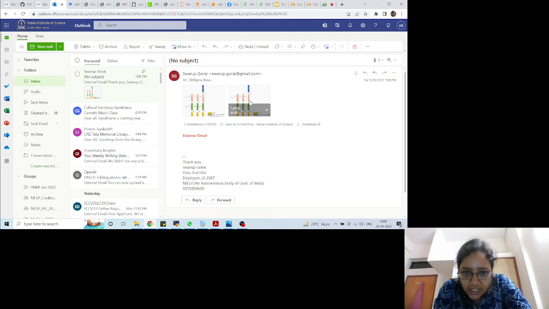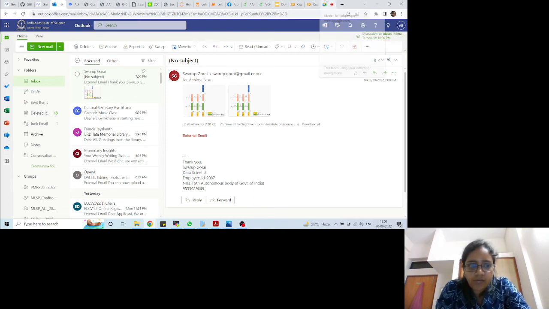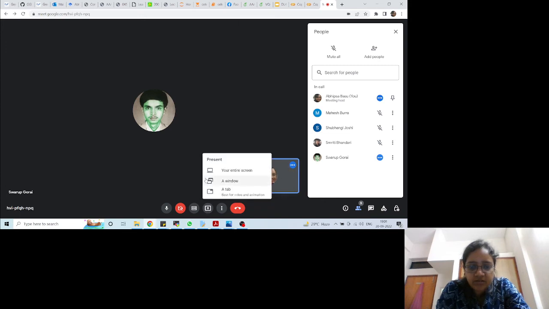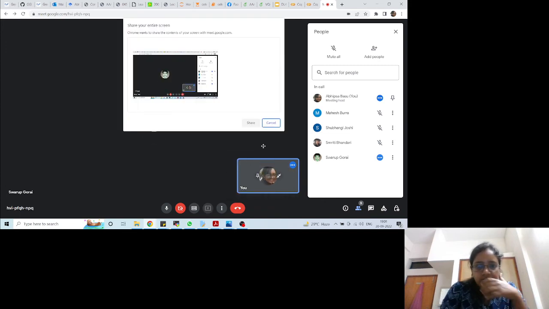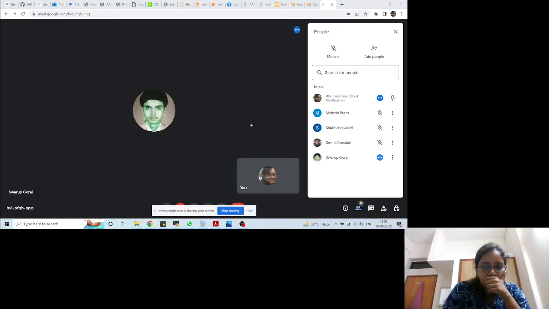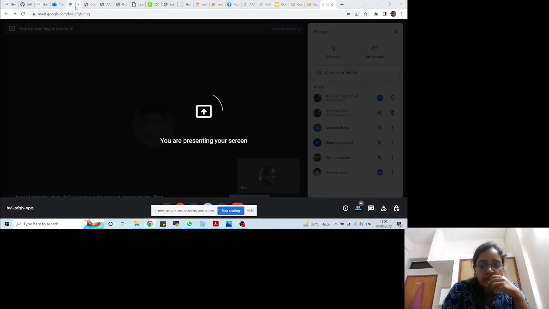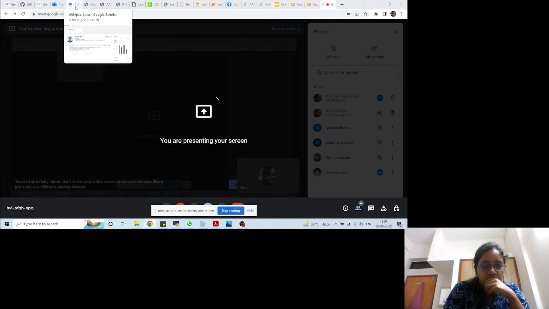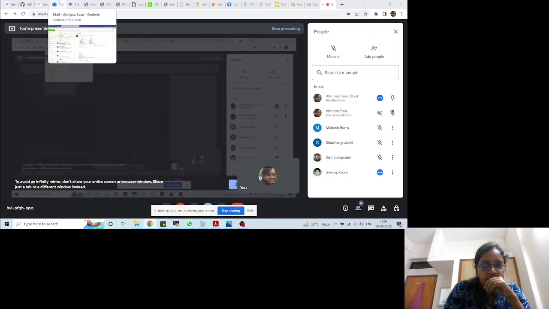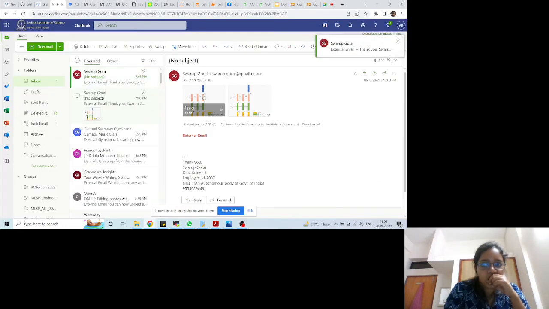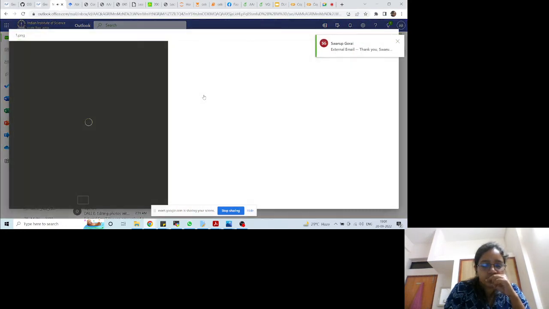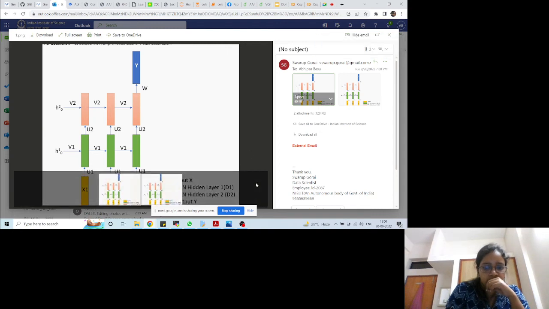There are two attachments. One png has come two times. Both are not the same. Please check, just a second. Let me share my screen. The screen is visible, but the question is this question.